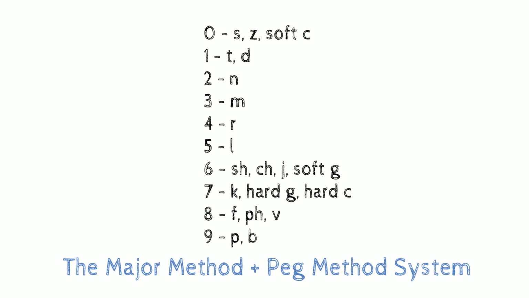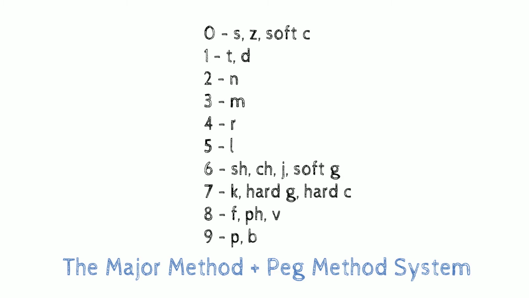For 6, we have a choice of 4 consonant letters and sounds. We have sh like shoe, ch like chi, j like jaw, or a soft G like generate or age. For number 7, we have 3 similar sounding consonant letters. We have k like weak, a hard G like go, or a hard C like cow.